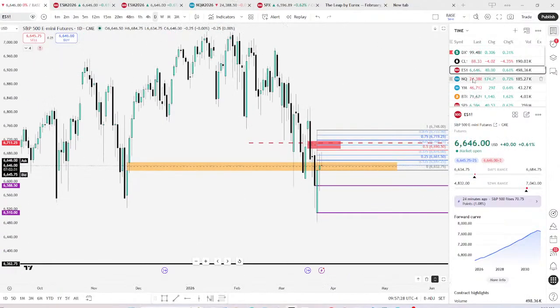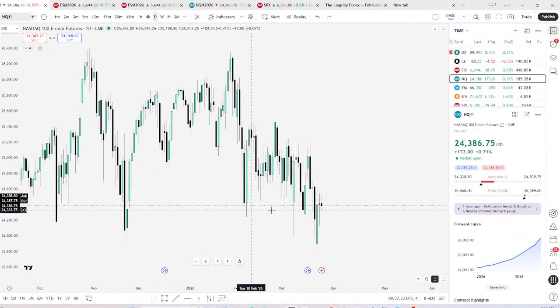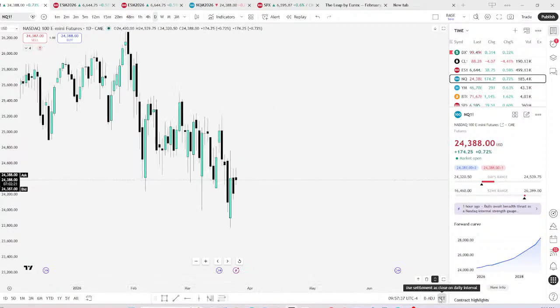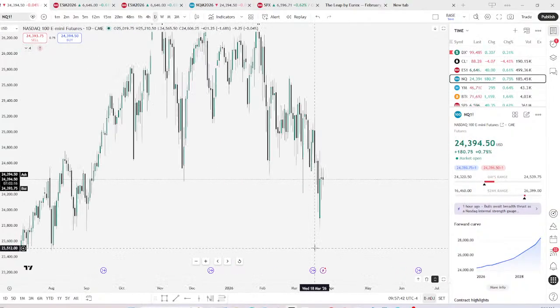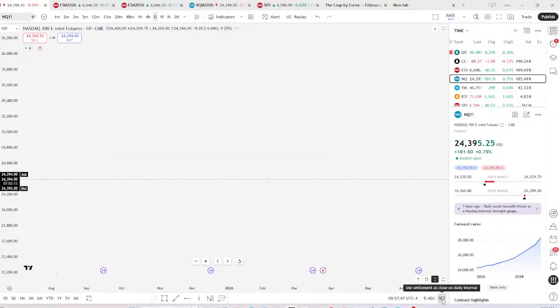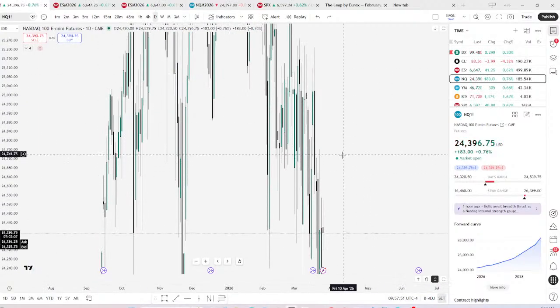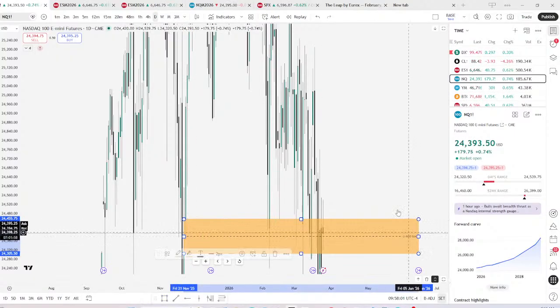So that's from looking at the ES, NQ. That's a very small imbalance, but let's mark this out first, since we keep our colors consistent.